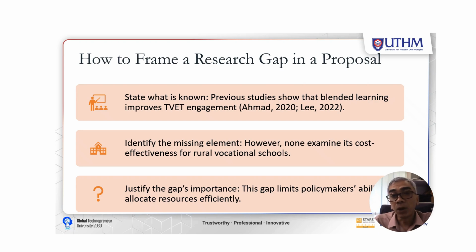But what we don't know is how effective certain strategies like gamification are in improving motivation, especially in specific contexts like secondary schools or TVET. So the research gap is not just about absence. It is about identifying something important that has not yet been addressed.